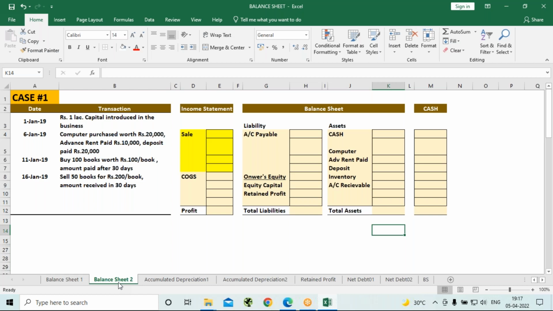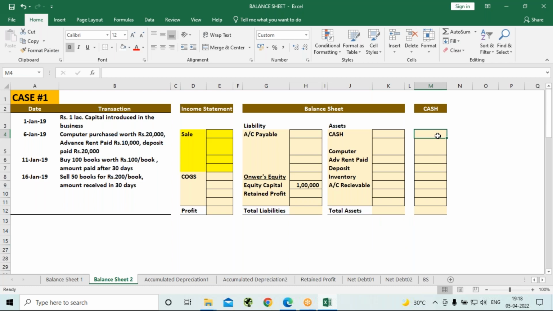So the first one, equity capital will be increased by 1 lakh. Let me give it as 1 lakh. And on the asset side, it's cash 1 lakh. Whenever we have cash, let me put these values separately as cash so that I can have a total value on the asset side.